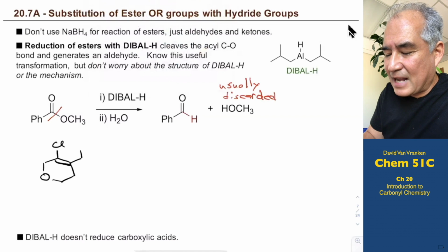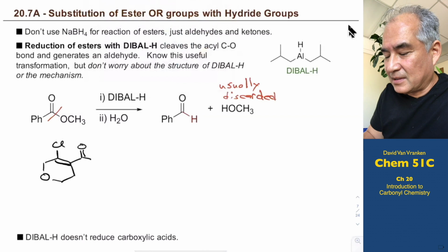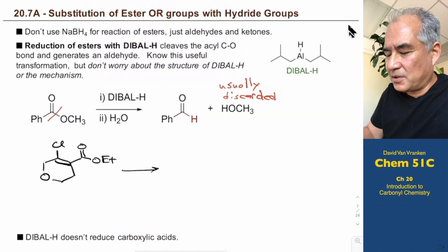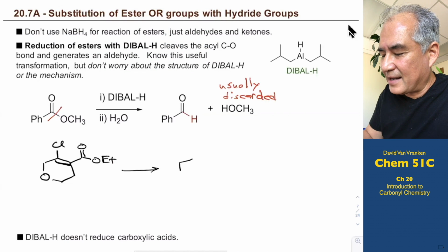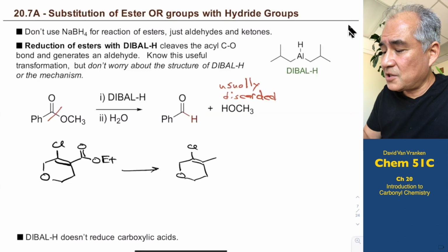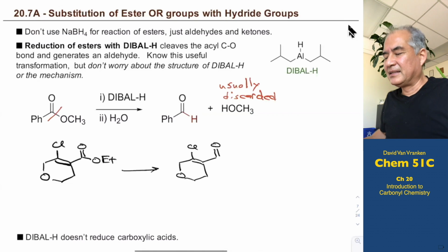But I'll just dangle off on here an ester. So CO2Et, an ethyl ester, would be a pretty common type of ester. And if I wanted to reduce this down to an aldehyde, so I could do some chemistry from chapter 21, for example, which you haven't seen yet, let's just suppose I wanted to change that to an aldehyde.